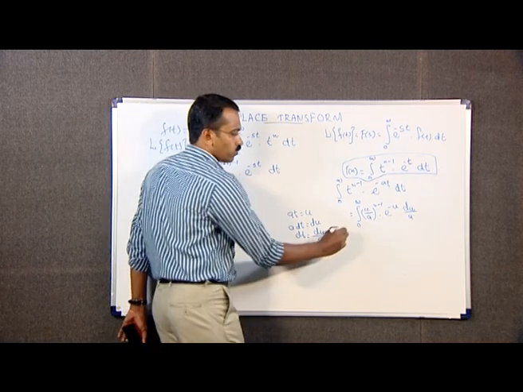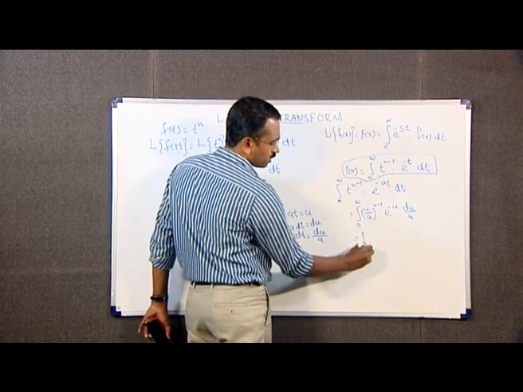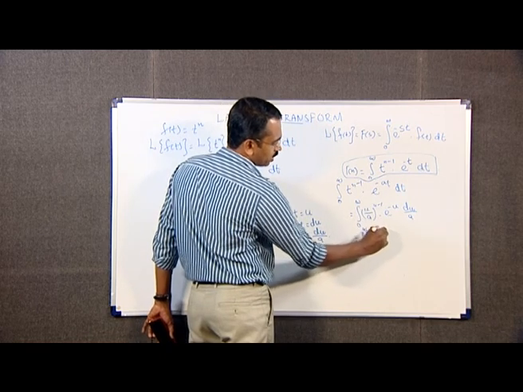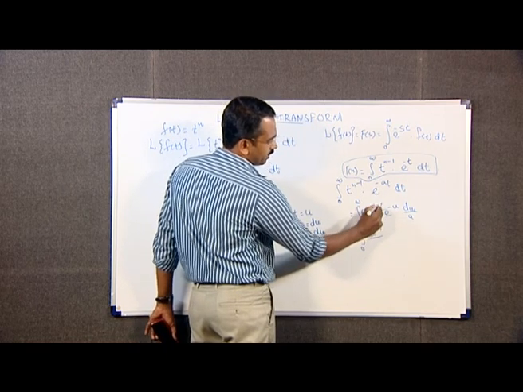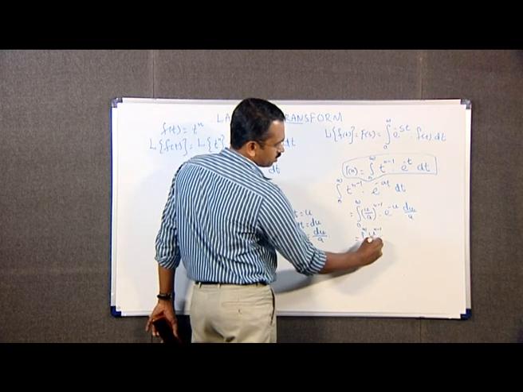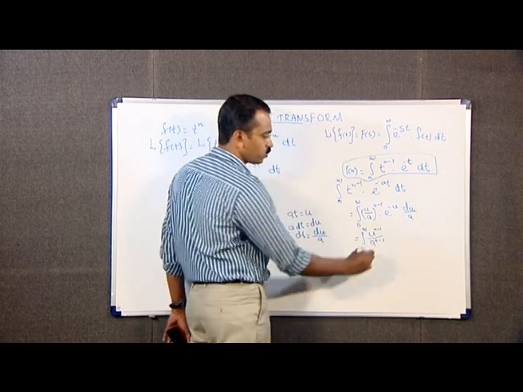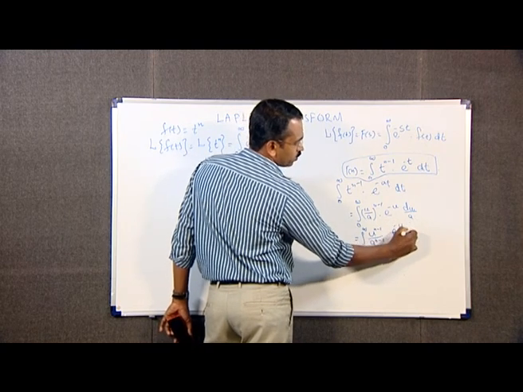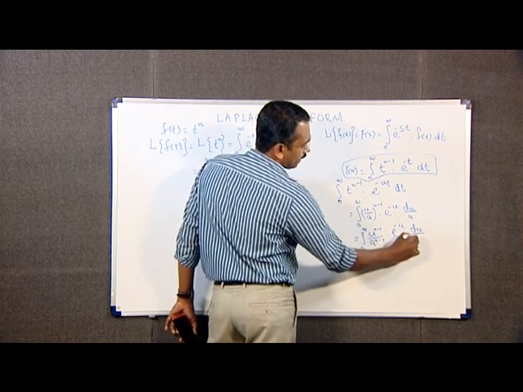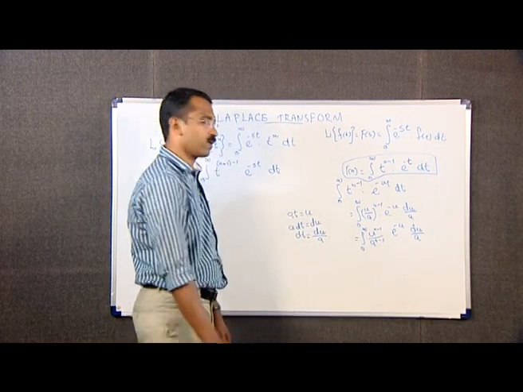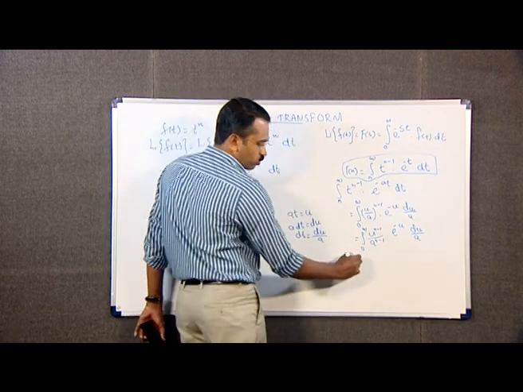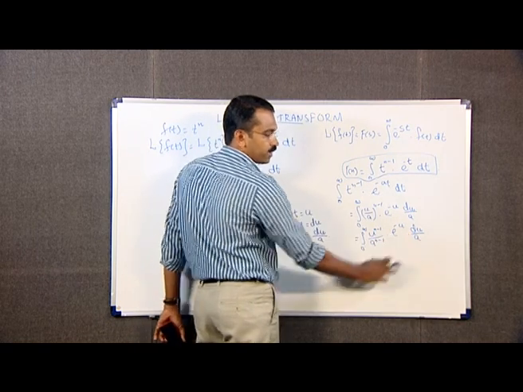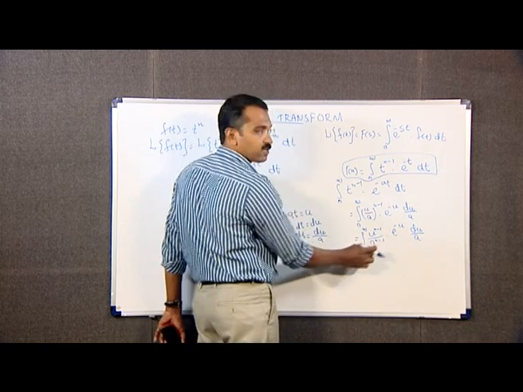which is equal to integral from 0 to infinity. This is u raised to n minus 1 divided by a raised to n minus 1 into e raised to minus u into du by a, which is equal to, here in the denominator a raised to n minus 1 into a means a raised to n.